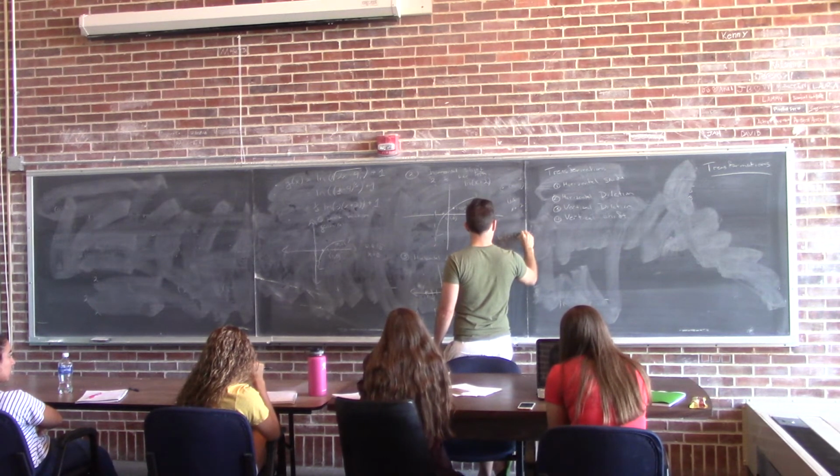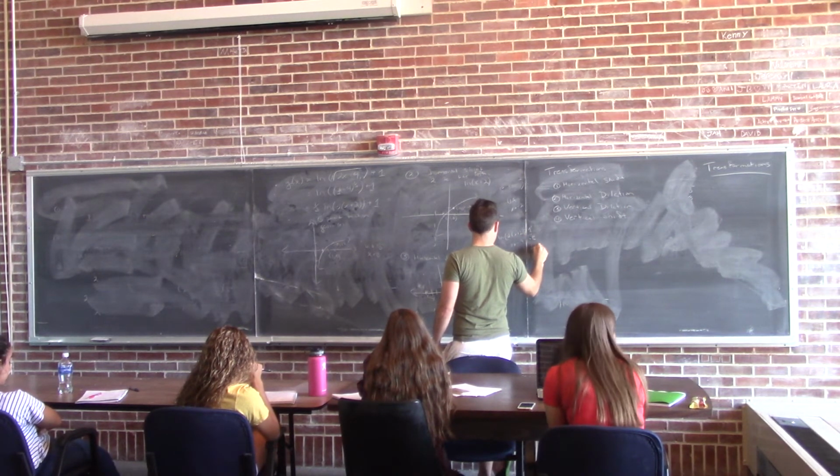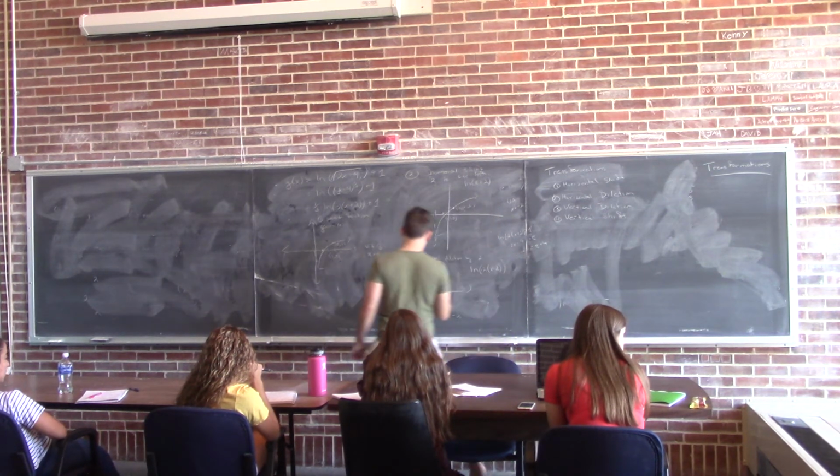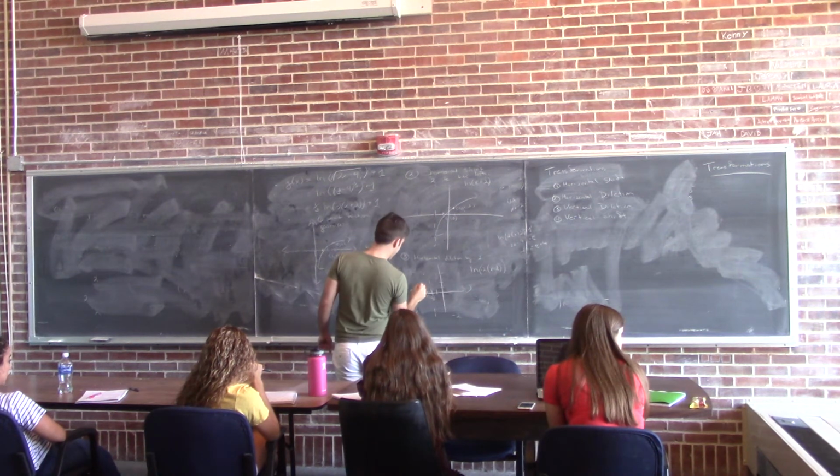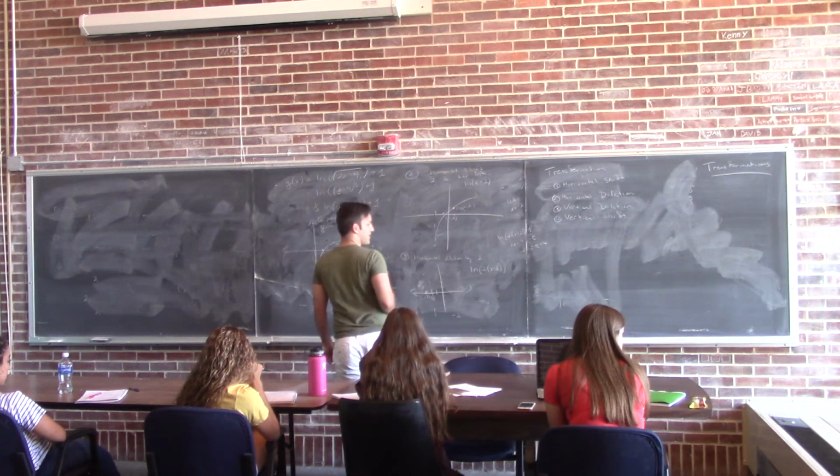Negative 2 times x plus 2 equals 1. So that says e equals negative 2x minus 4, so e plus 4 equals negative 2x. Oh yeah, this is what it should have been. If we want it exactly, it is e plus 4 over negative 2.